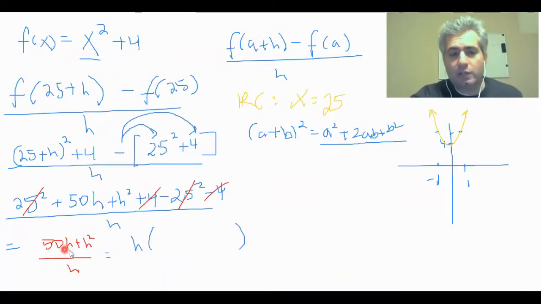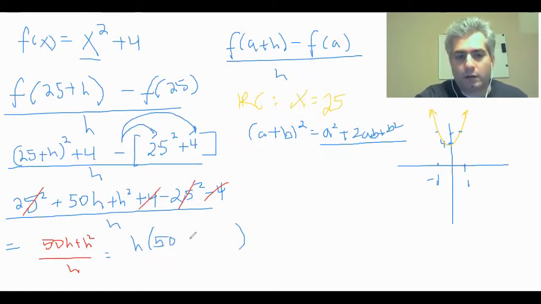You take 50h and you divide it by h. That will determine what's going to be left in the parentheses. So 50h divided by h is 50. We're going to put 50 here. And then plus h squared, well, we factored out an h, so h squared divided by h is just h. And all over h.